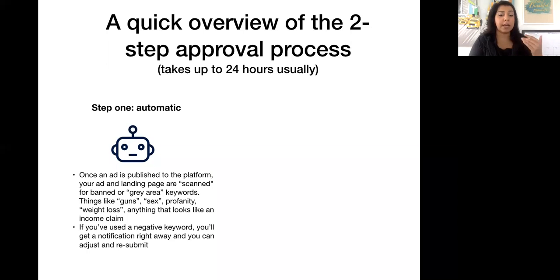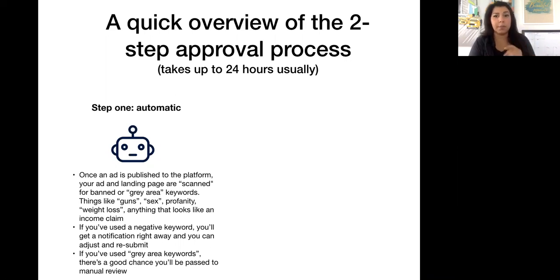So if you've got negative keywords, oftentimes Facebook will say, oh, you've got a negative keyword, and you can make an adjustment right away. If you've used gray area keywords, you're going to be passed on to manual review. That's the case for most of us who are in tricky verticals. So again, weight loss, supplements, health and wellness, you likely will have a manual review process happen.